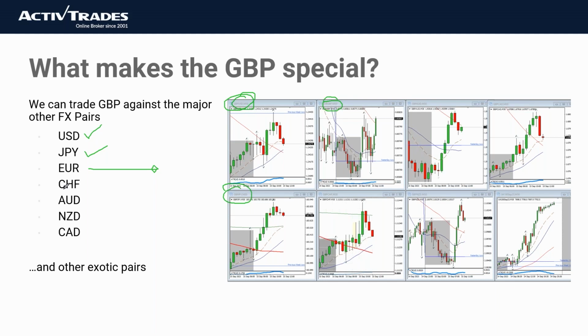On the flip side of euro against sterling, you can see the pound against the Swiss franc. In the past, we would see euro sterling and pound Swiss having a very strong inverse correlation. That is still there, but I would suggest that correlation is not as strong as it once was.